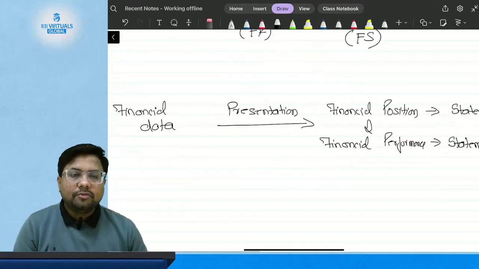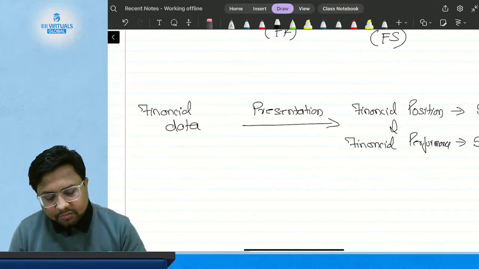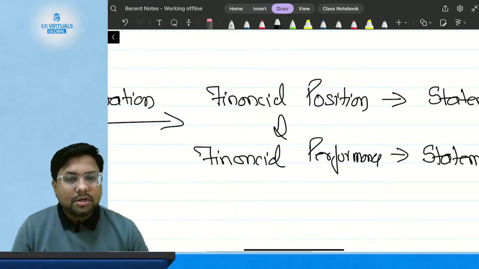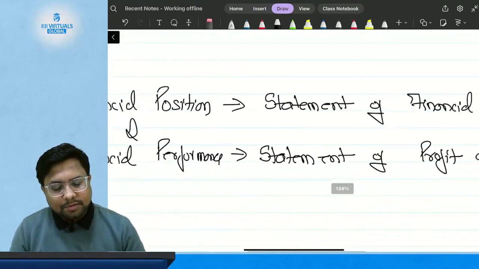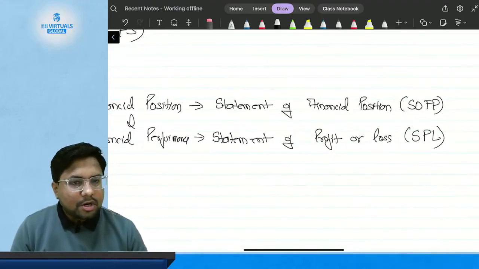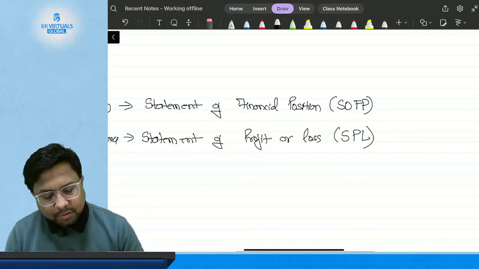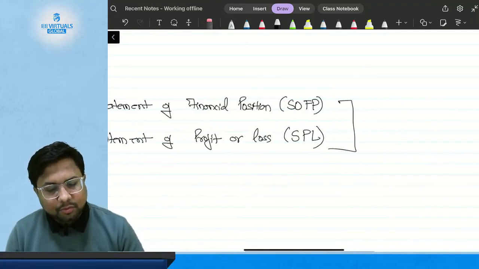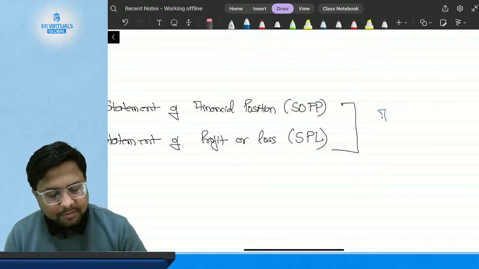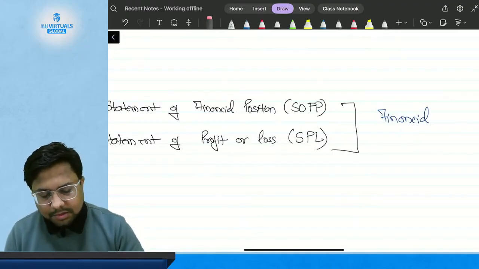Now come back again. What is financial reporting? Financial reporting is a presentation of financial data into financial position and financial performance, which are also called the statement of financial position and the statement of profit or loss, which together are called the financial statements.